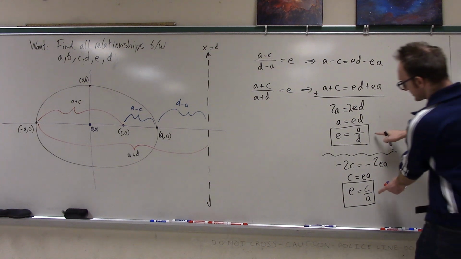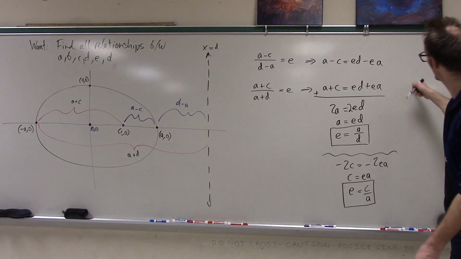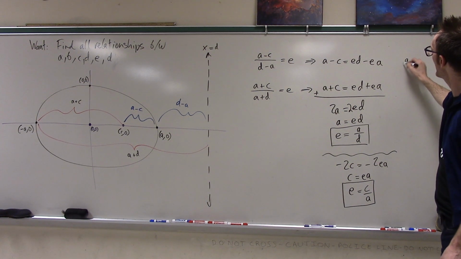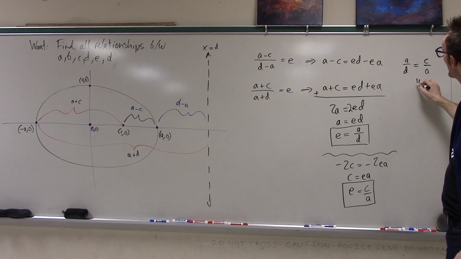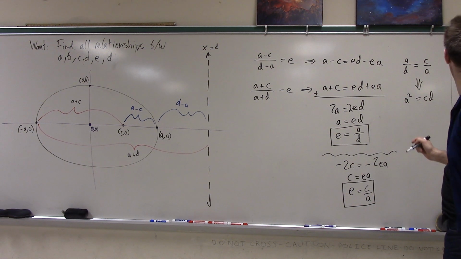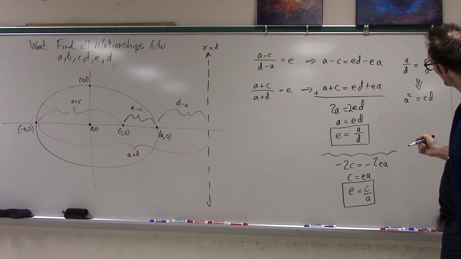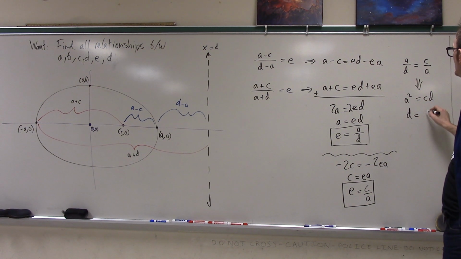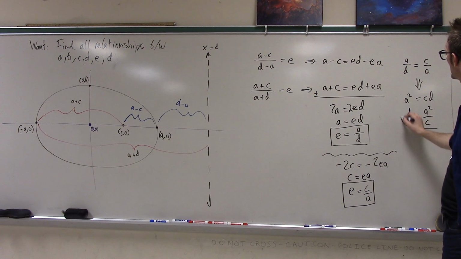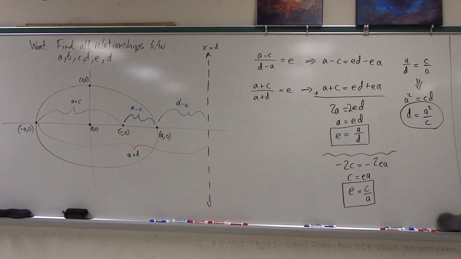These two equations together can be set equal to each other, and we can get that A over D equals C over A, and so in fact A squared equals CD, and so that's actually kind of interesting. If I divide by C, I get that D is A squared over C. And the kinds of ways we've been manipulating ellipses up to this point, we often know what A, B, and C are for any ellipse.